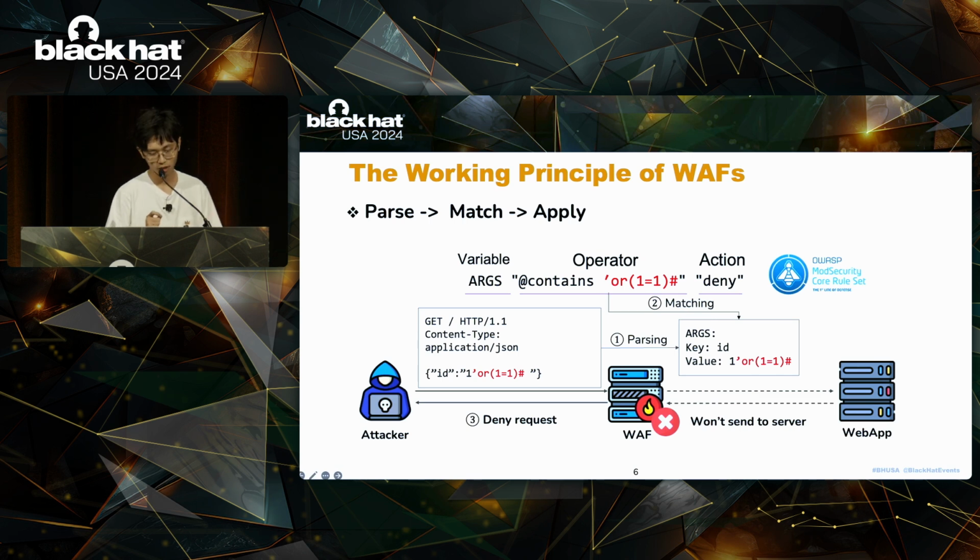For example, in the figure, the attacker tries to send the SQL injection payload in the JSON body, and the WAF parses the JSON body and then extracts the parameters. Since the payload gets matched with the SQL injection rule on the upper side, the WAF will reject the request, which means the request won't be forwarded to the server, and the attack will fail.